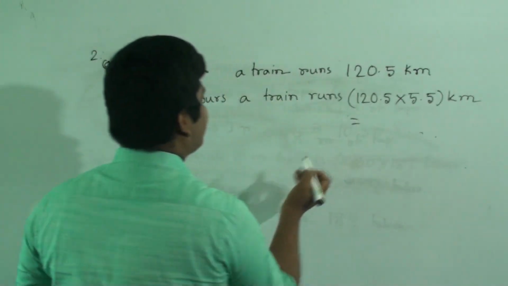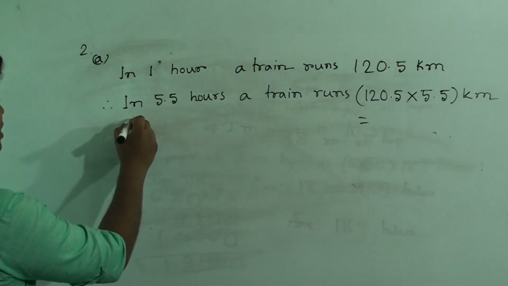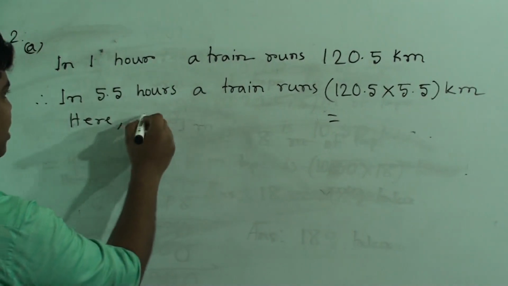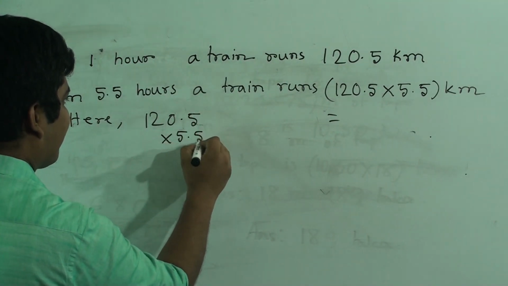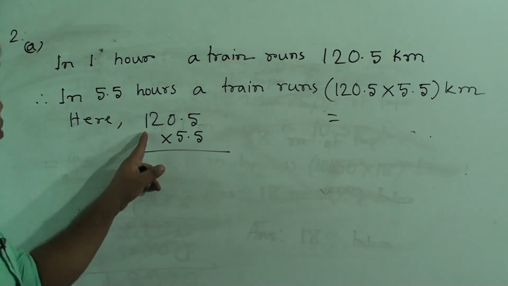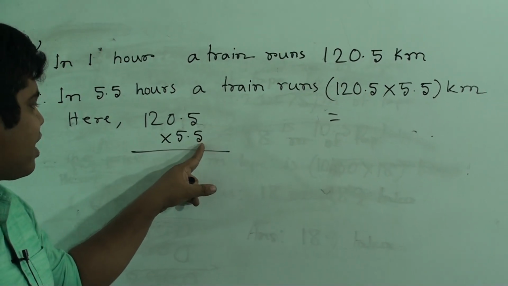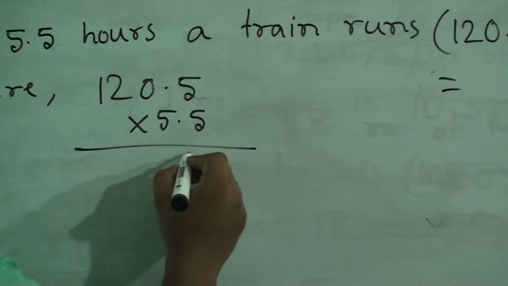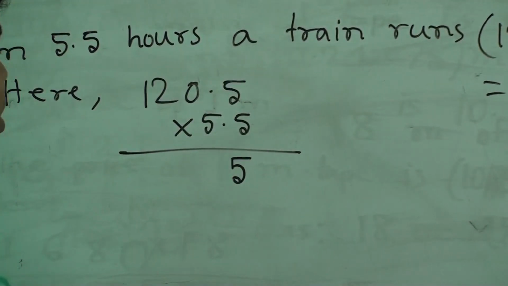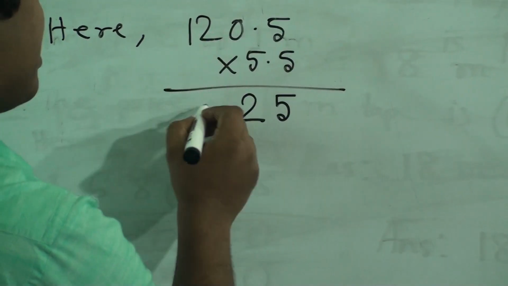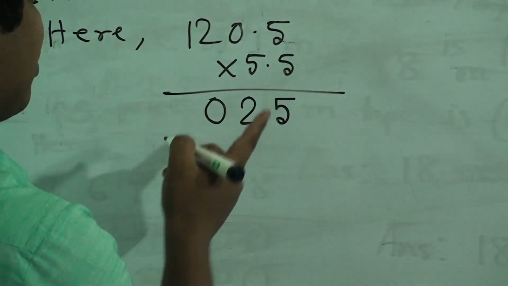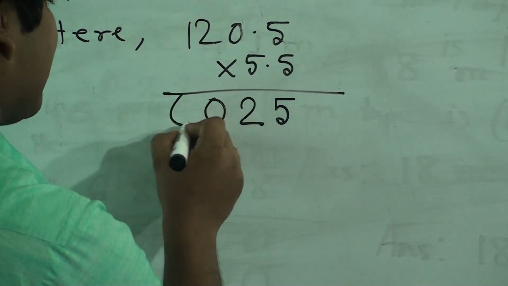Okay, now we do the multiplication here. 120.5 multiplied by 5.5. We multiply 120.5 by 5 first. So 5 5s are 25, carrying 2. 5 zeros are 0 plus 2, 2. 5 2s are 10, write 0, carrying 1. 5 1s are 5 plus 1, 6.